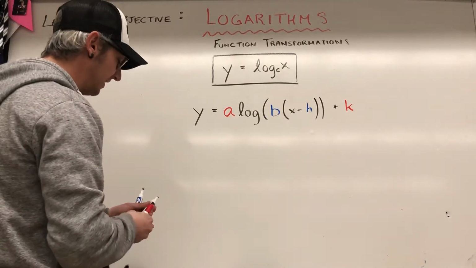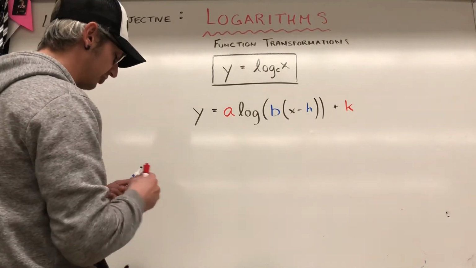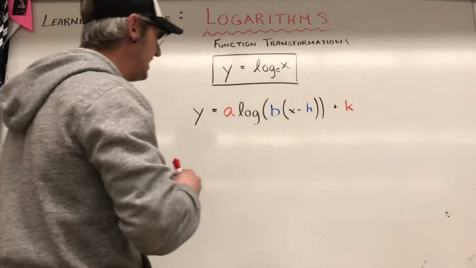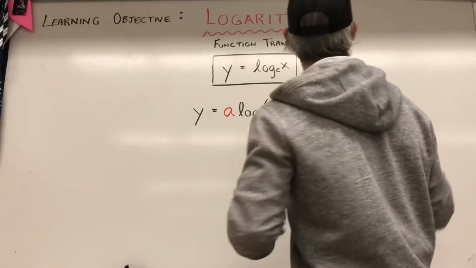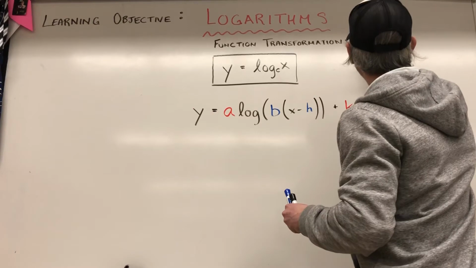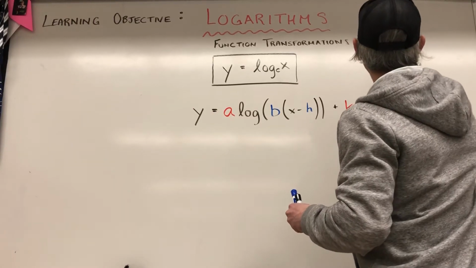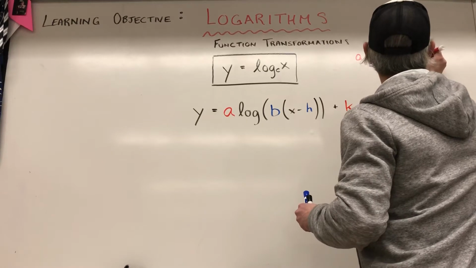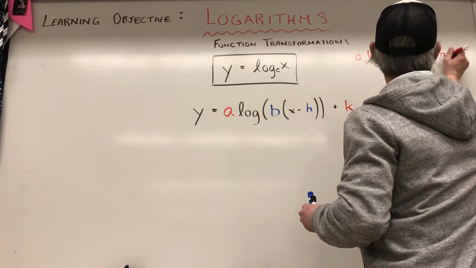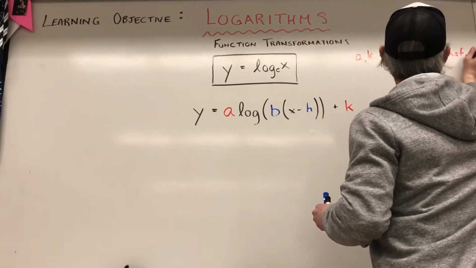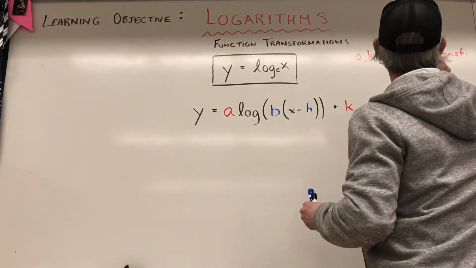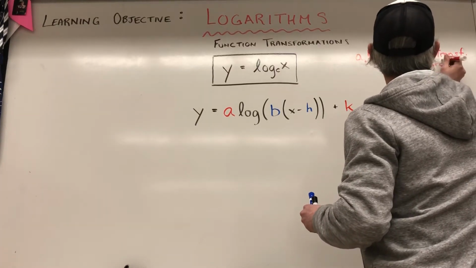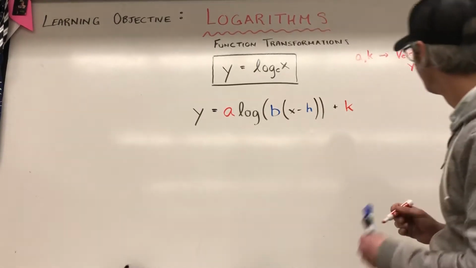And guess what? Nothing has changed from any of my other function transformations. A and k are still going to be vertical transformations. They are going to manipulate my y coordinates, okay?